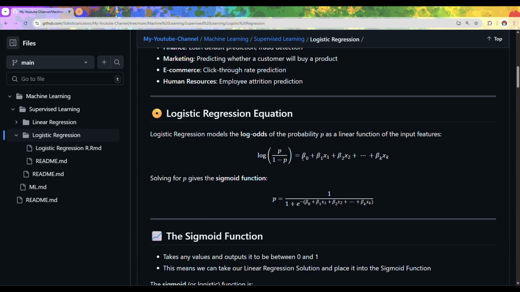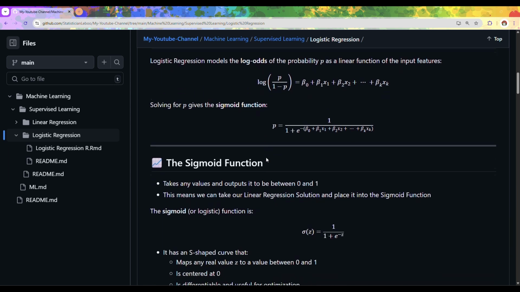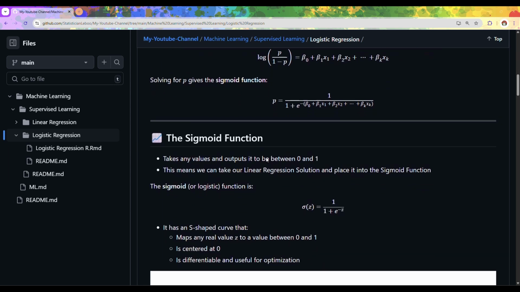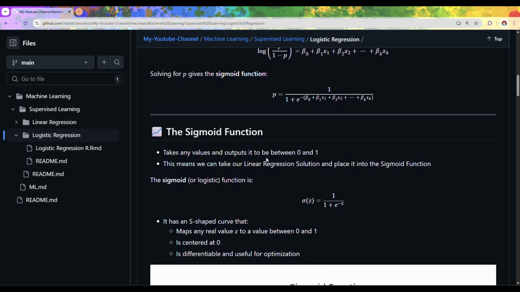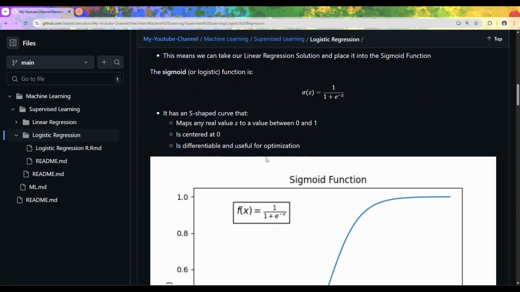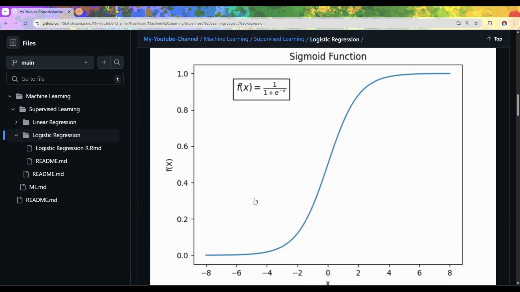Once we have our equation in the linear component, we use this function, which is 1 over 1 plus e raised to negative. This is what we'll call our link function, and it converts the linear output into the logistic component that we want. A detailed discussion of this will come later when we discuss the GLMs. So this is what happens with the sigmoid curve.